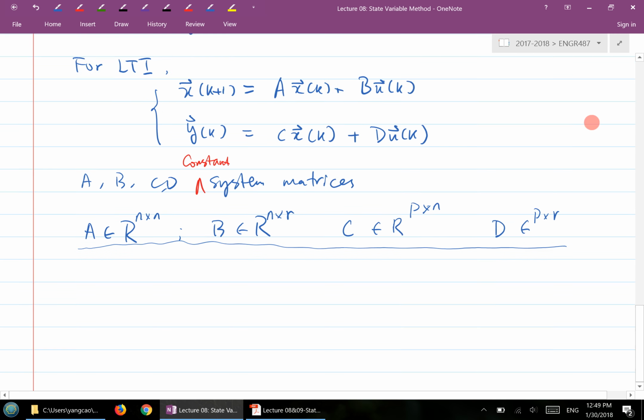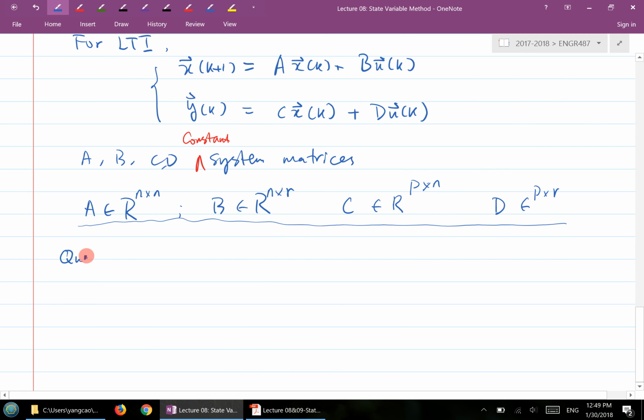So the question here is how to obtain this discrete state space model.